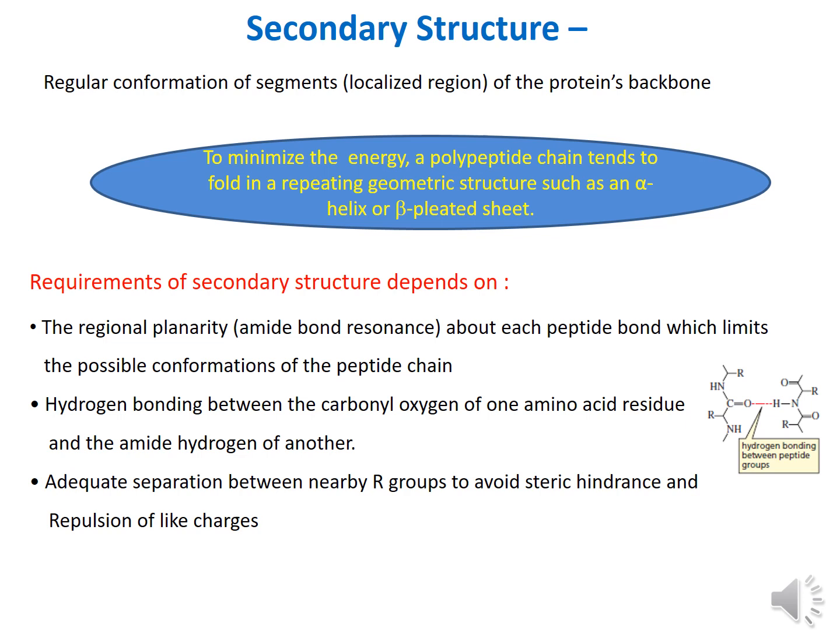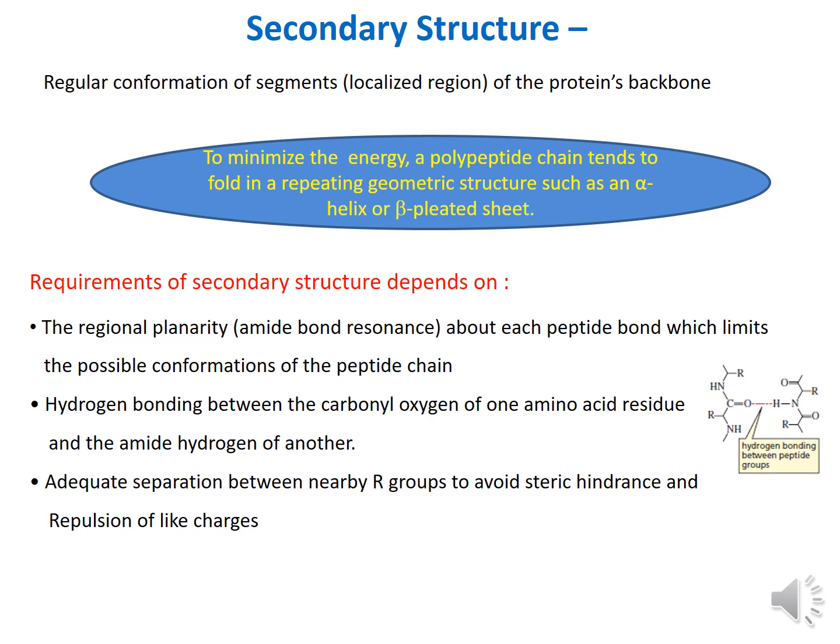As I told in the beginning, the proteins undergo folding. So to minimize the energy, the polypeptide chains tend to fold in repeating geometric structures such as alpha helix or beta pleated sheets.